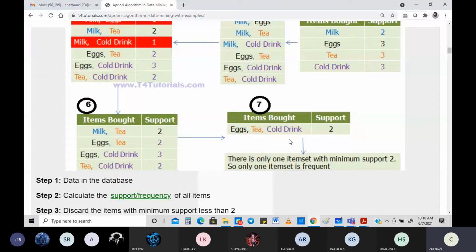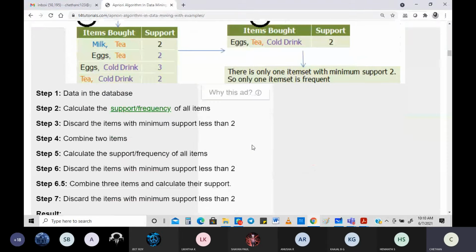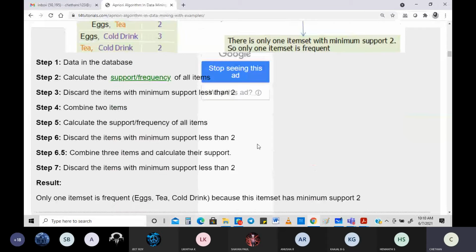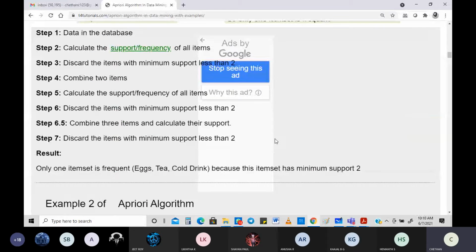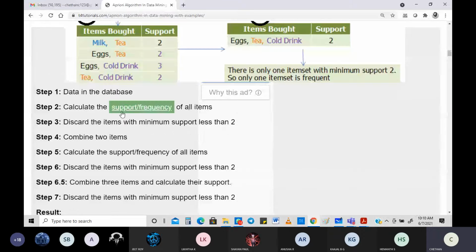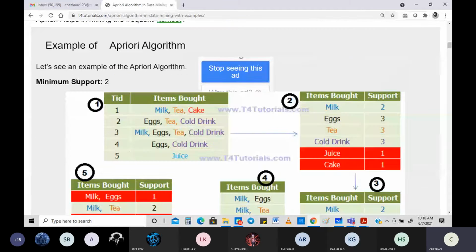That's very important. If you put all these steps into perspective, with regard to the algorithm, first you're going to look into the data in the database. Then we need to figure out the support or the frequency of items. We have taken the minimum support as 2.